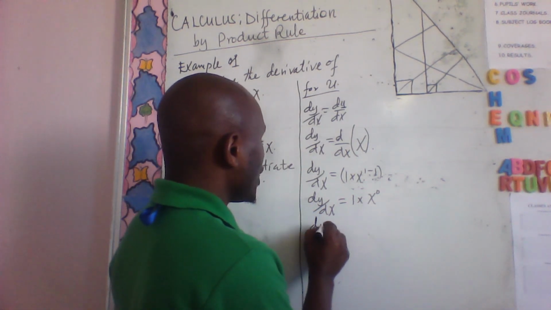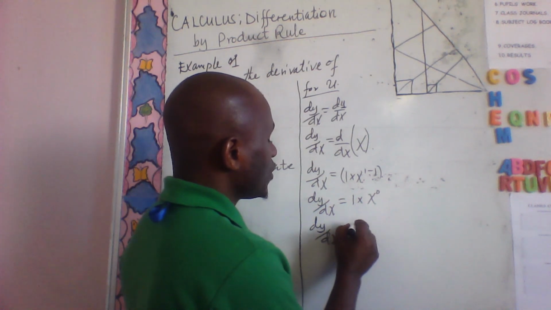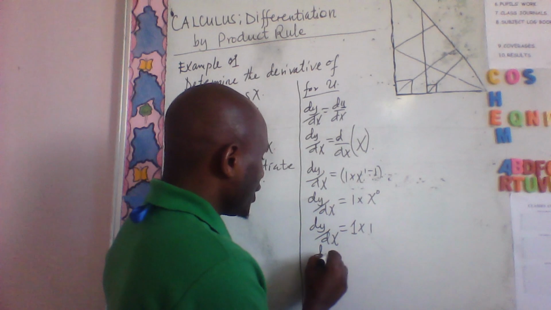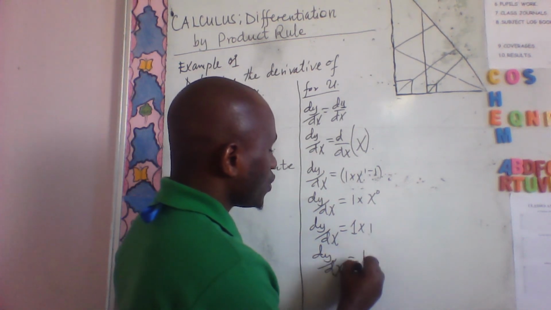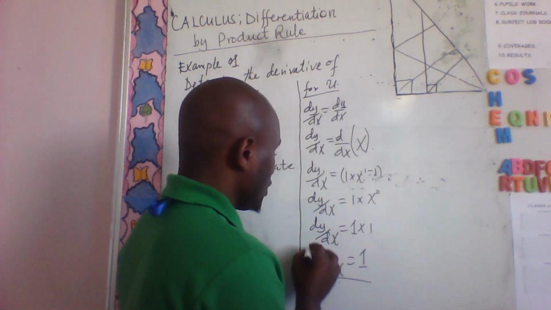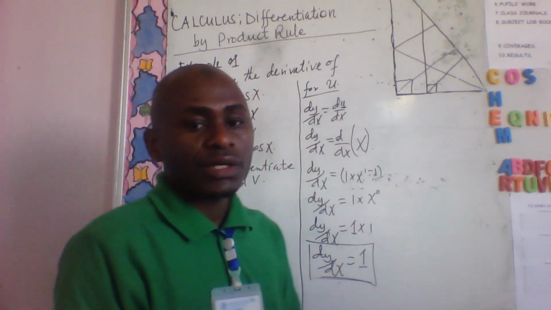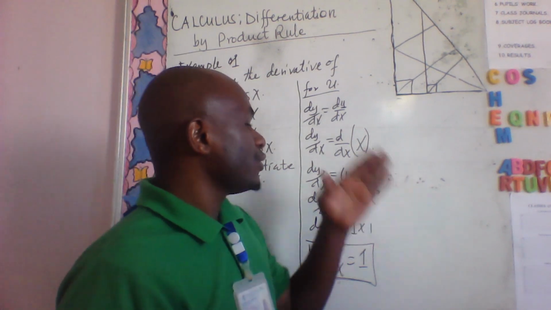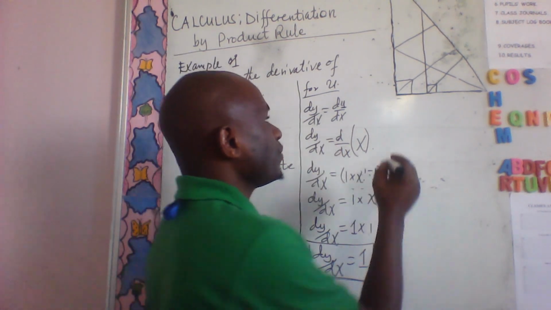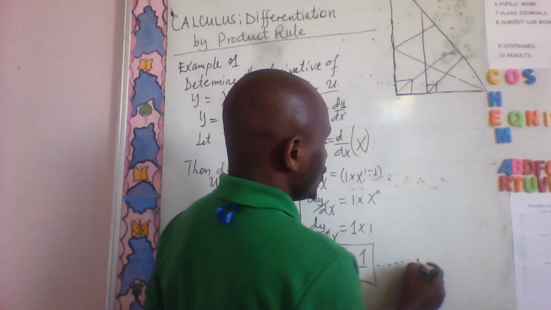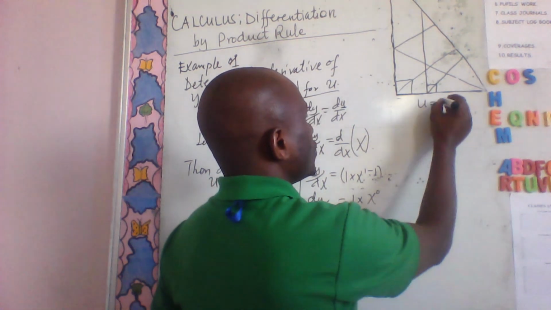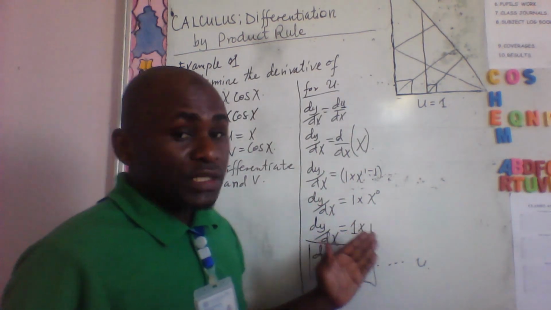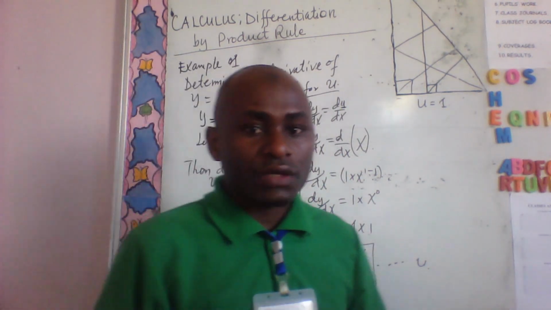So du over dx is equal to 1 times 1, which is 1. This is the result of differentiating u. When you differentiate u, you get 1. So du over dx is equal to 1. After knowing that, let us differentiate v in order to get the value of dv over dx.